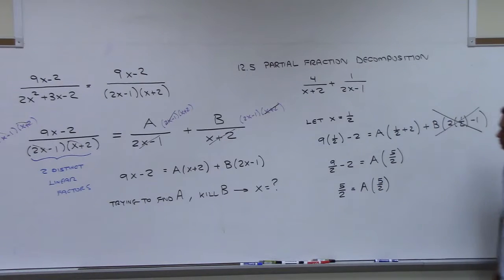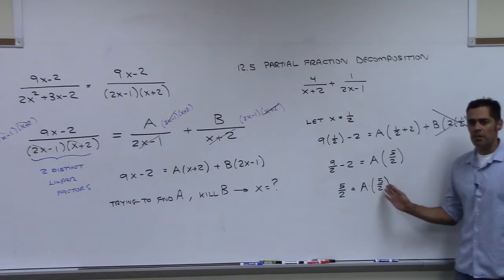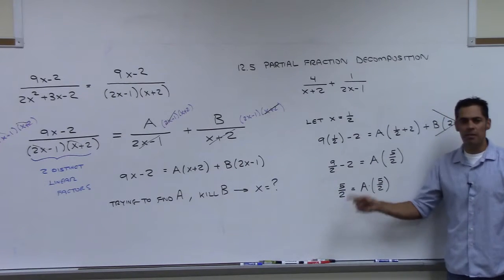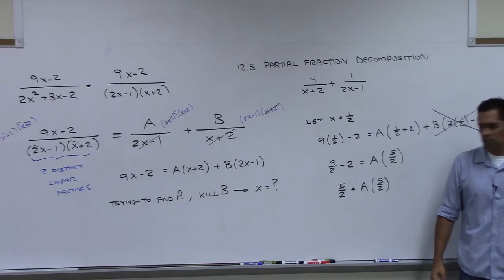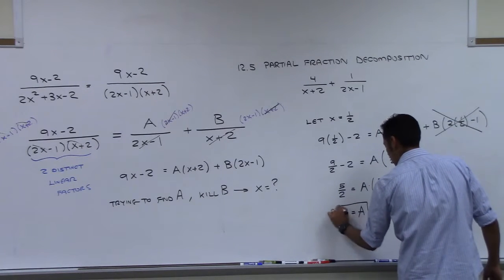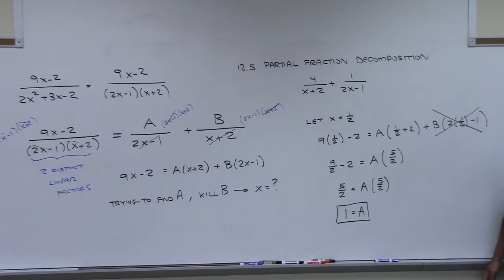And then now, we'll just divide both sides by 5 over 2, right? Because this is multiplication. Divide both sides by 5/2. 5/2 under here becomes a 1. 5/2 under here becomes a 1. So you get a is 1. Yay. We know what a is.